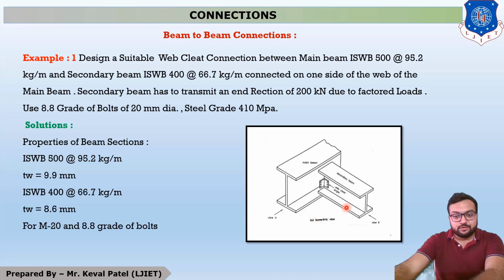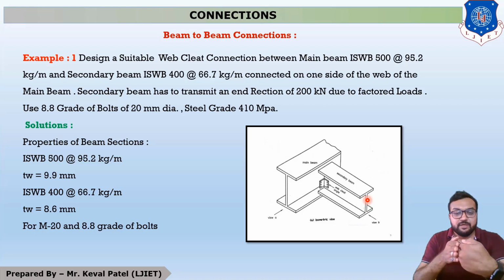Now, first of all, we have to calculate for the secondary beam. So, a similar connection remains on this side. Okay, one web plate angle is connected on this side, and another plate angle is connected on this side. Say for example, this is the web.